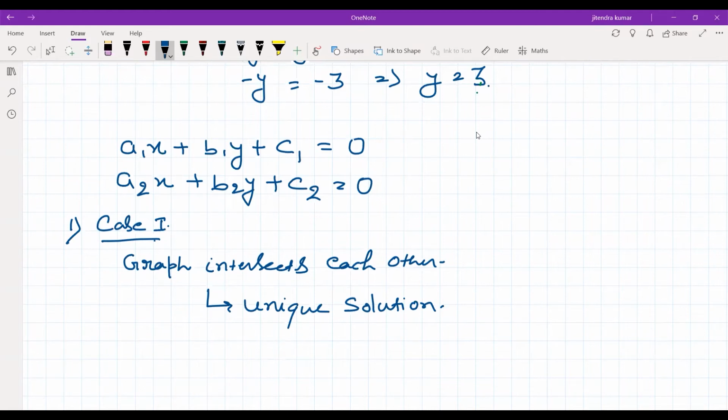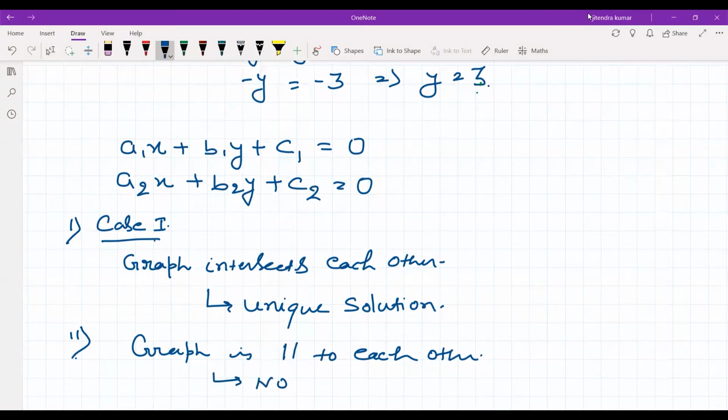In case 2, when they are parallel to each other, in this case we say no solution.